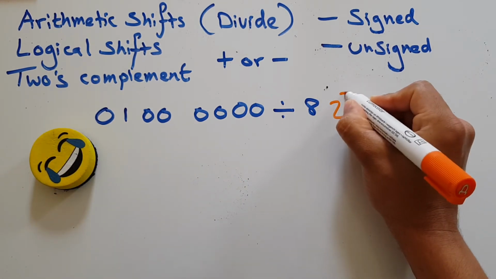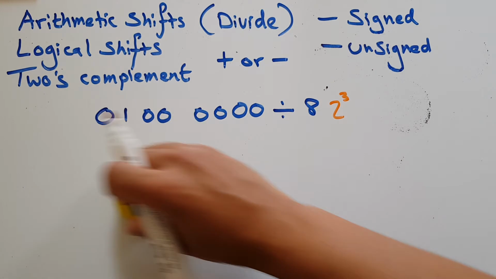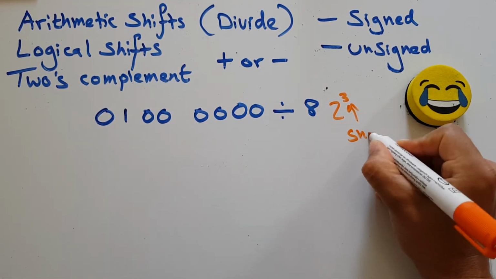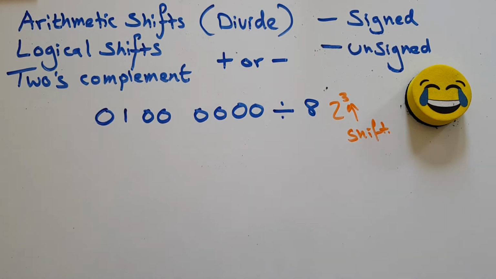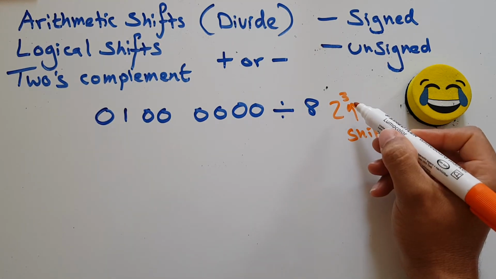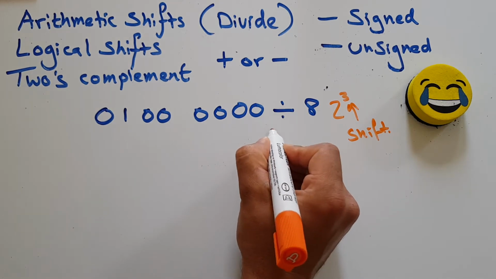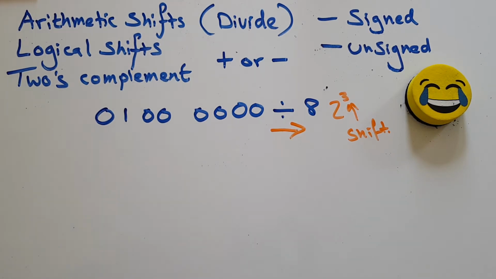Well, 8 is 2 to the 3. And that's important because it tells me this, which is the shift value. I now know that I need to perform a shift of 3 places. Secondly, this division tells me that I'm doing a right shift. Okay, so those are 2 bits of information I need to know before I begin performing the shift.